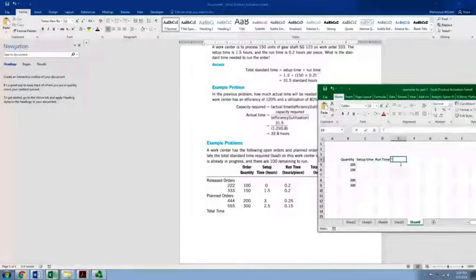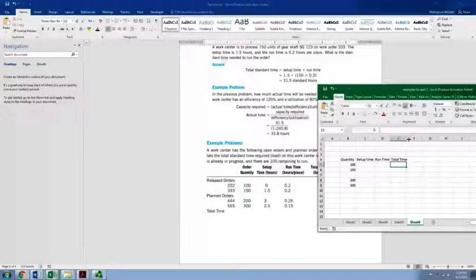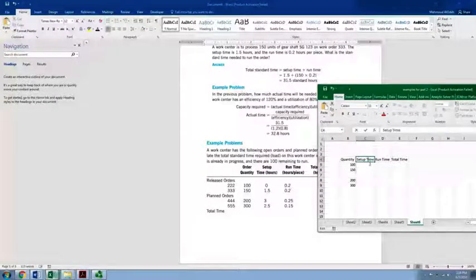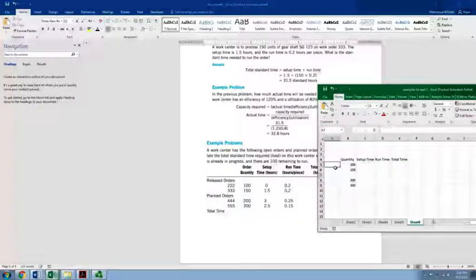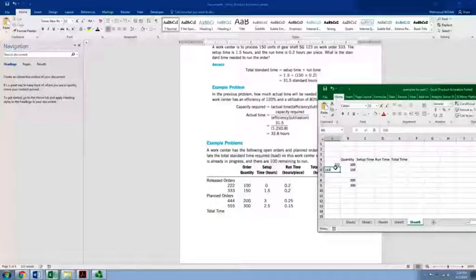And here we need to find the total time. So we have the order released: 222, 333, 444, and 555.